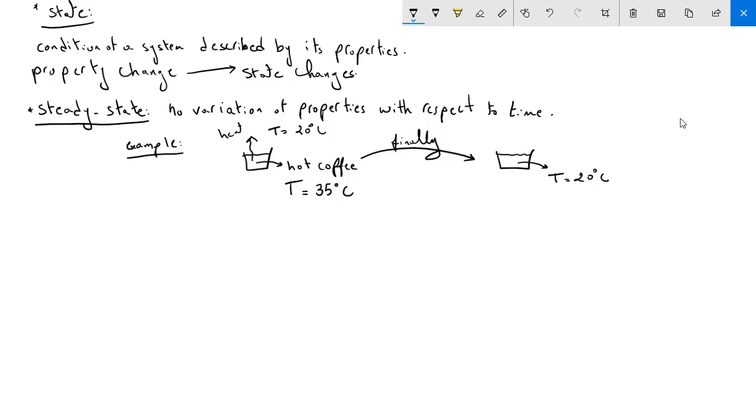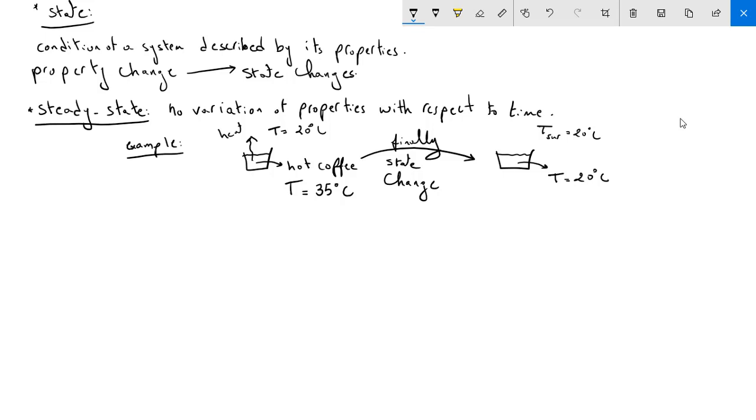At the end of the process, the coffee cup reaches 20 degrees C. So here we say that the coffee cup undergoes a state change, from T1 to T2, because the property has changed from 35 degrees to 20 degrees.